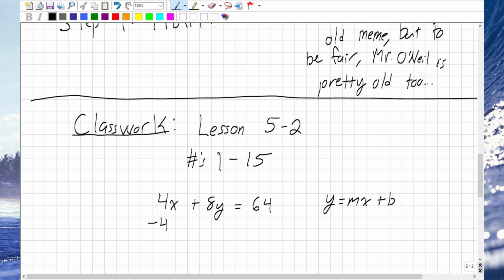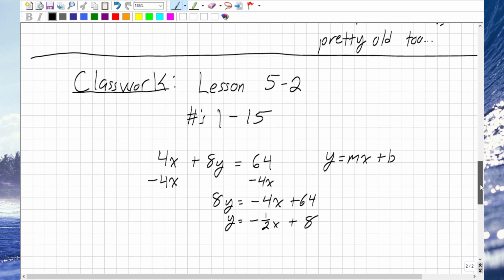I would subtract 4x from both sides. And then I divide both sides by 8. And then I'd be able to graph it.